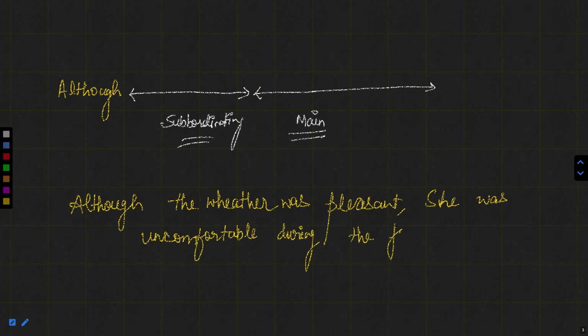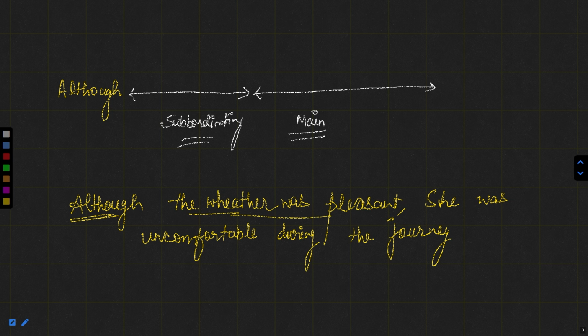So here we can see the contradiction between the 2 situations. The weather was pleasant is one situation. Now if the weather is pleasant, obviously one feels good, but she was uncomfortable during the journey. So here we can see the contradiction, and that is why we are using the word although. This although shows the contradiction.